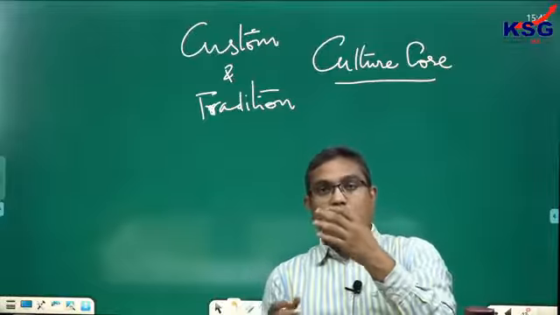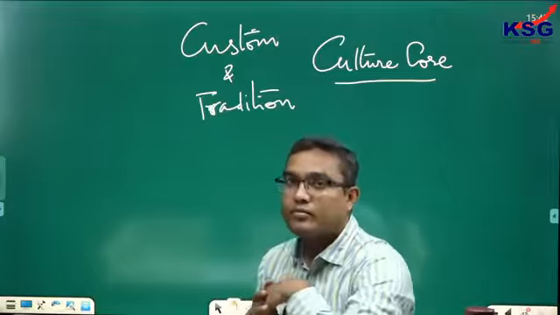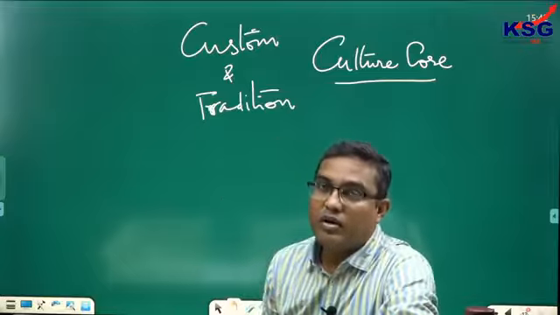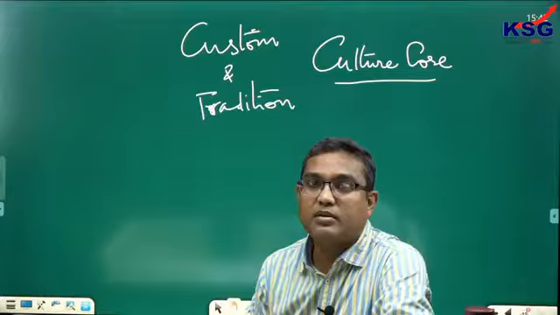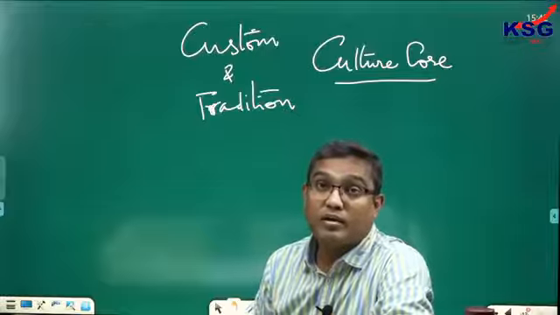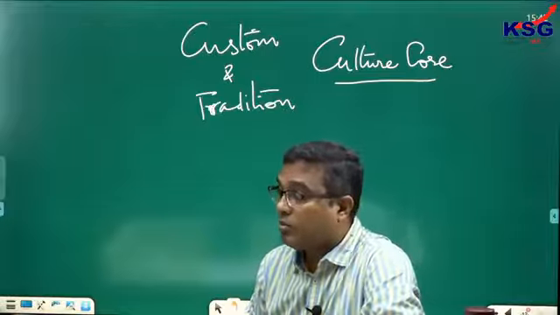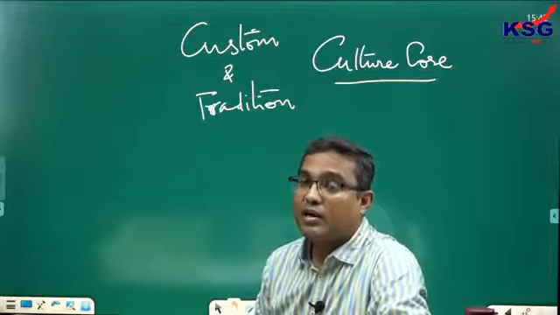What is the culture core of Indian society? Can anyone tell? There are certain principles which are important all over India. Whether you belong to Calcutta, Kerala, or wherever you go, this is practiced everywhere.